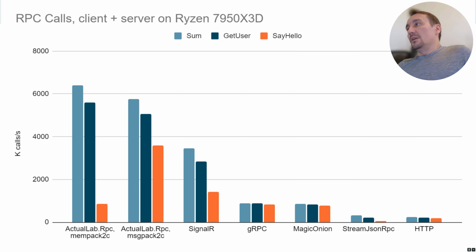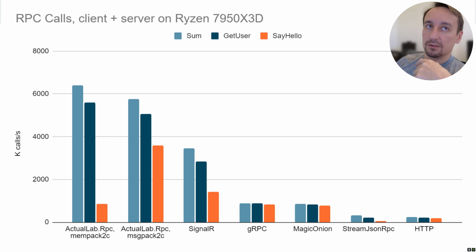Now, if we run the same tests just without Docker and unconstrained, on my machine, which is this Ryzen. For calls, and remember the client and server are both running on this machine, so you can get nearly twice of that if you run just the server.